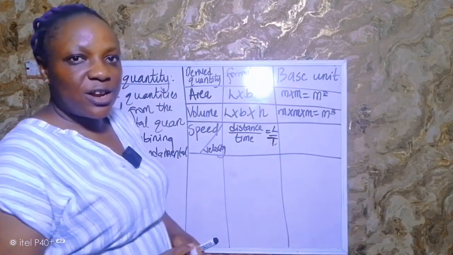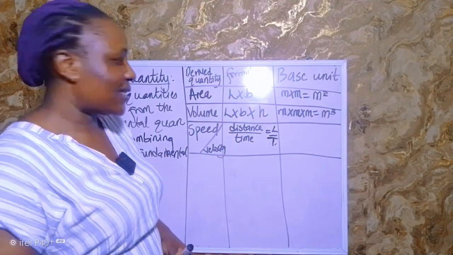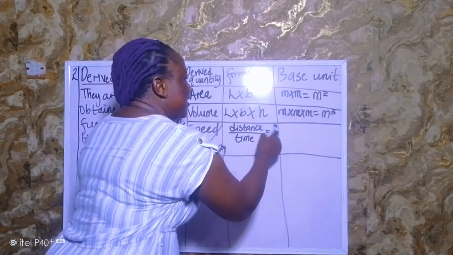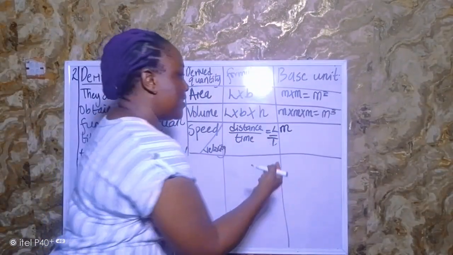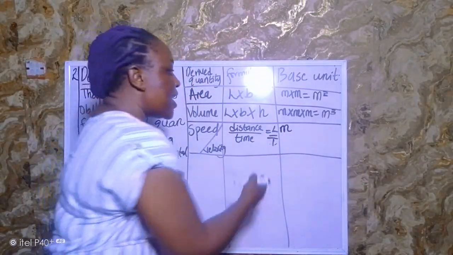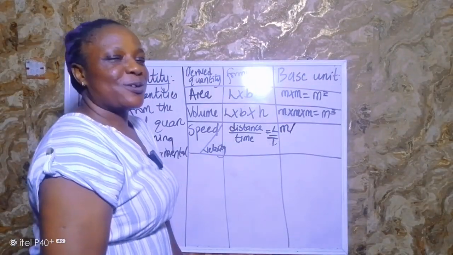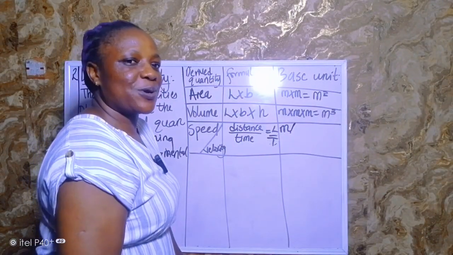I said speed and velocity have the same units. So now for us to bring it from here, you see that this L will be measured in meters. L is length, which is m. Then this over, we'll put it like this. That's what you see in your physics textbook or any physics book.